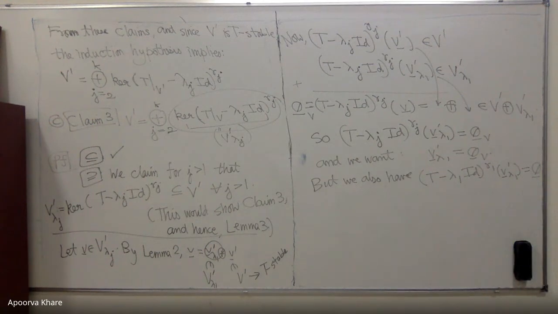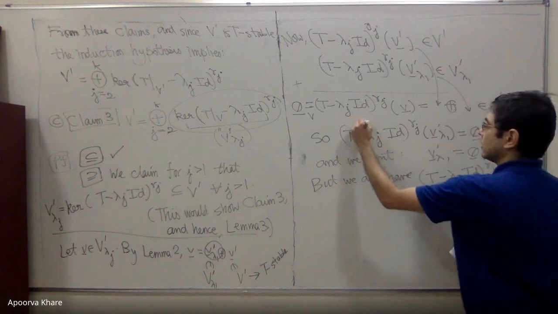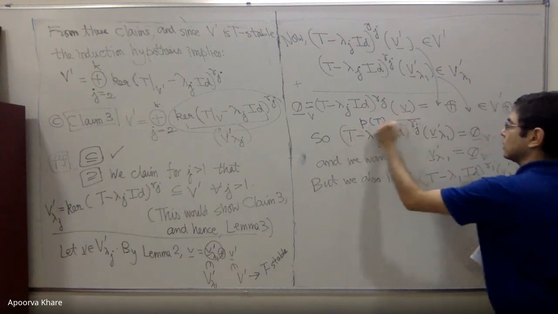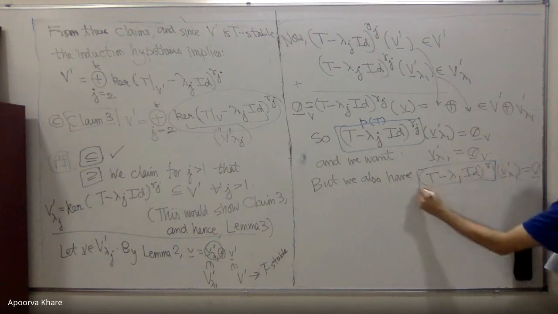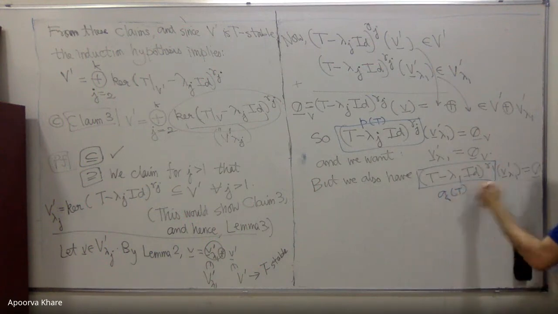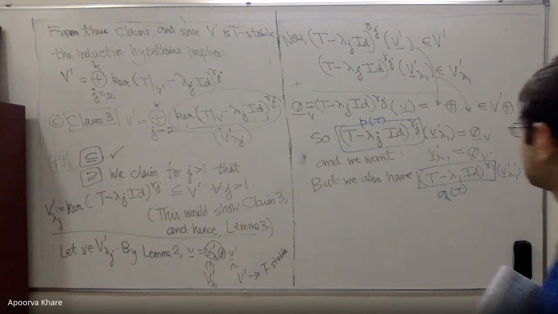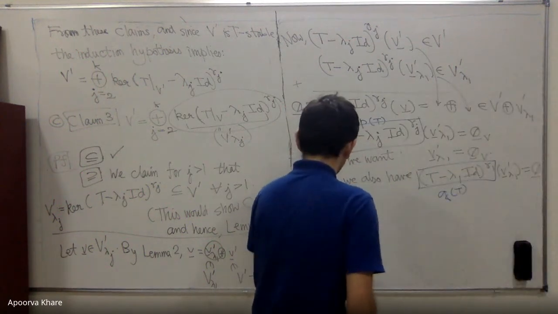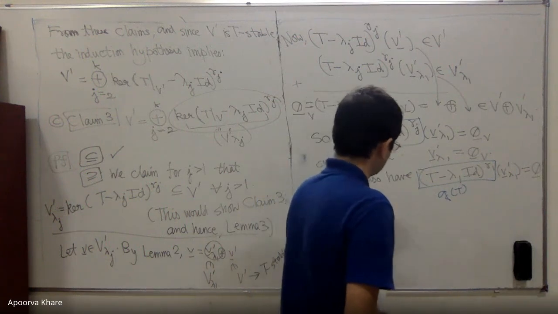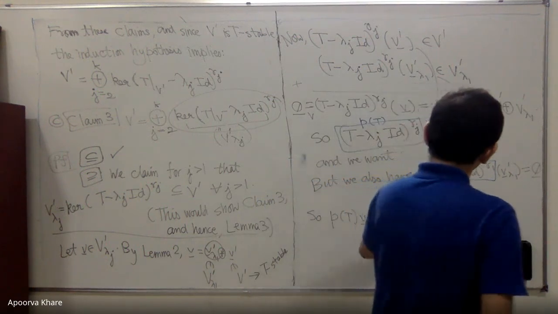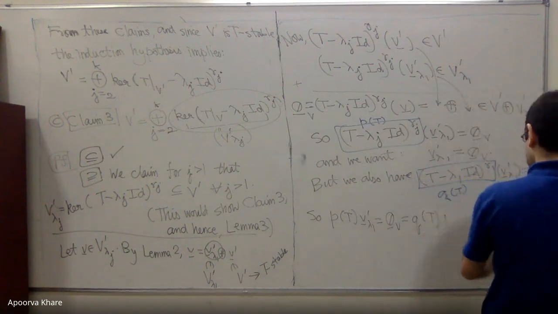One of them I will call p of t, killing this vector, and one of them I will call q of t, which also kills this vector. So p of t kills v, q of t kills v: p of t v prime lambda 1 equals 0 equals q of t v prime lambda 1.